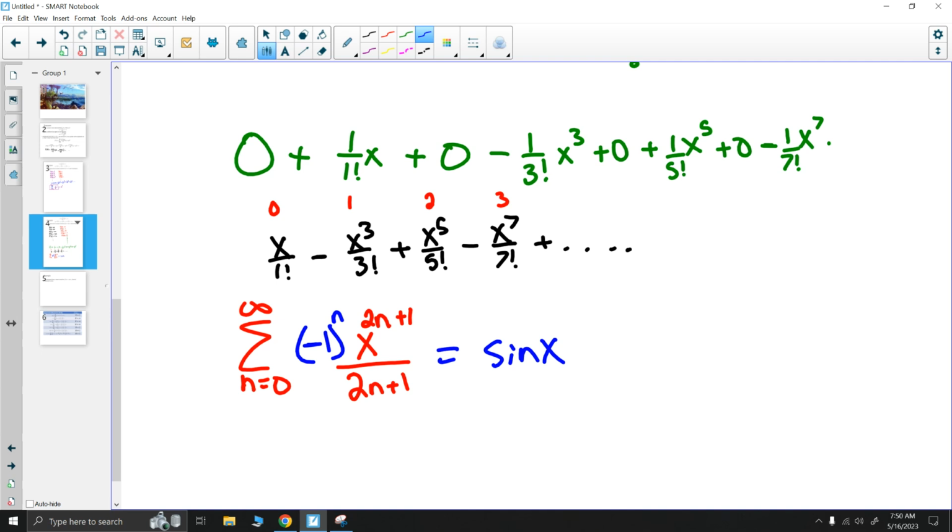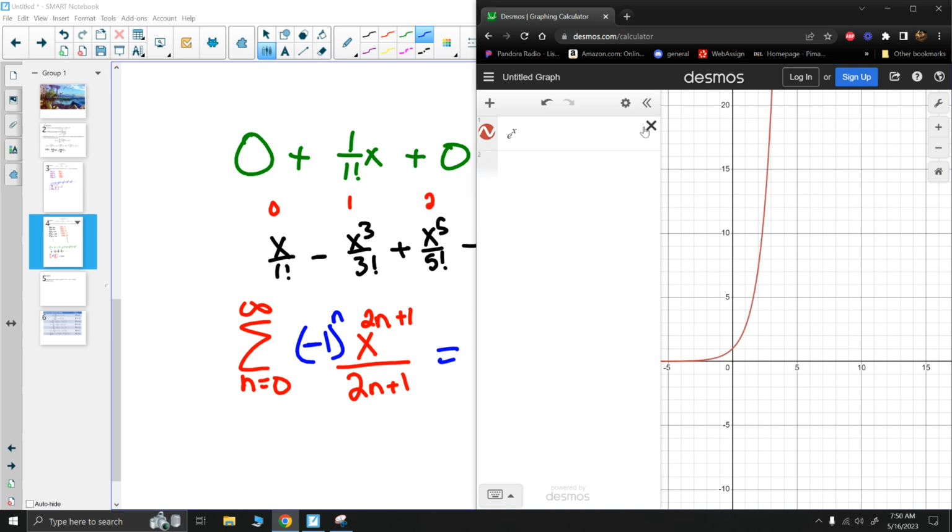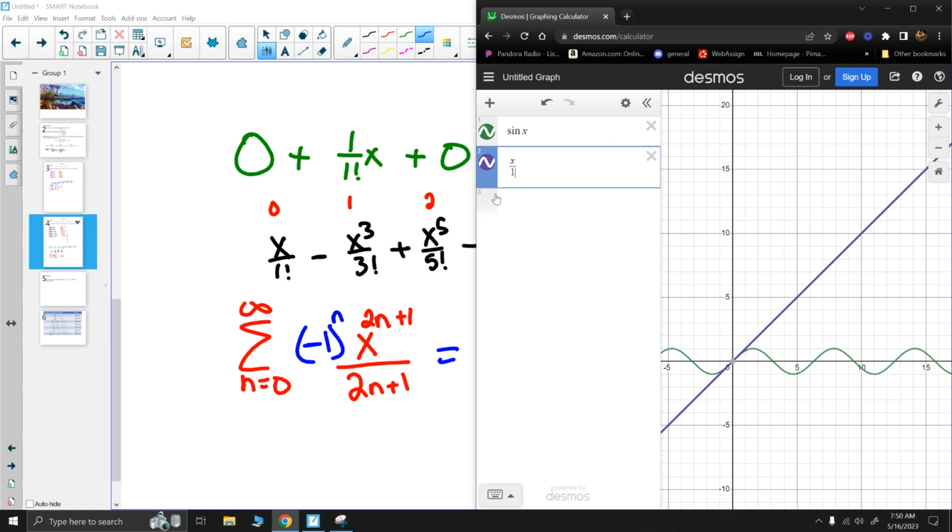And again, we can check this thing out and see how good this looks to our sine x. Okay, so we have our first term. It's x over 1 minus x cubed over 3 factorial.